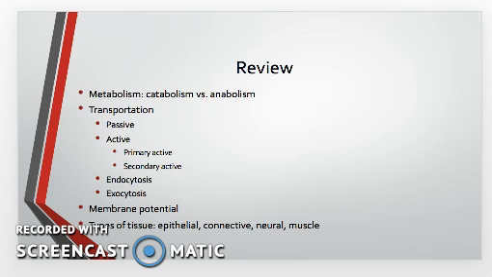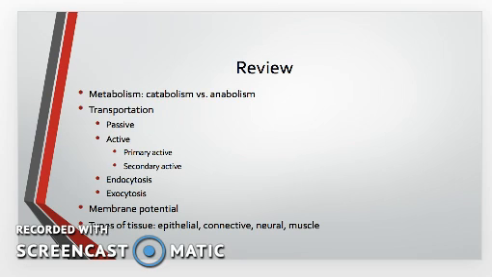And the notes that she has right here underneath this slide say that catabolism consists of breaking down stored nutrients in body tissues to produce energy. Anabolism is a constructive process in which more complex molecules are formed from simpler ones. Passive transport consists of diffusion, osmosis, and facilitated diffusion.